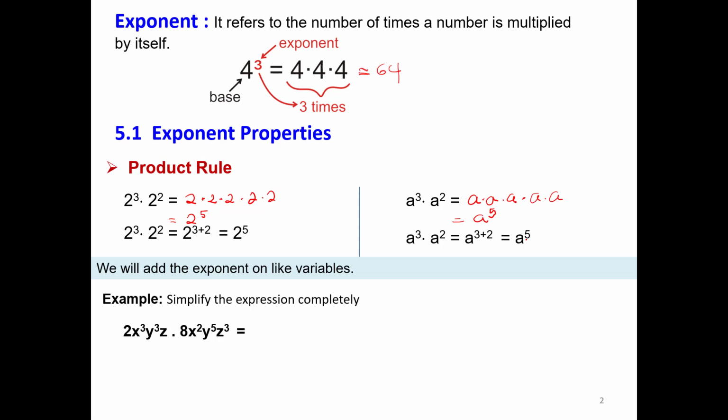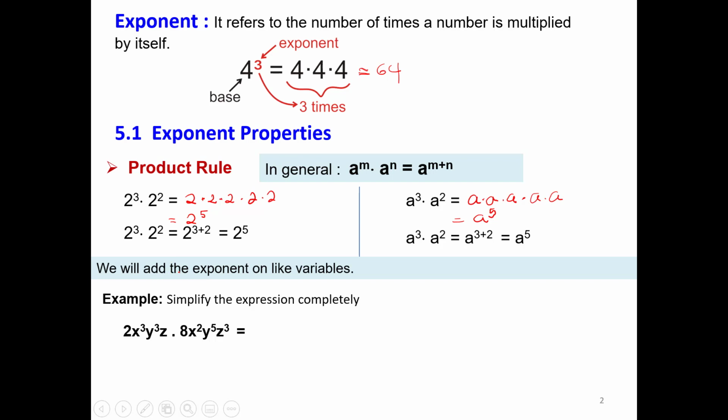In general, we can apply this rule. If we have the product of a to the m times a to the n, with the same base, what we have to do is keep the base and add the exponents. We can apply this property only if we have the same base.